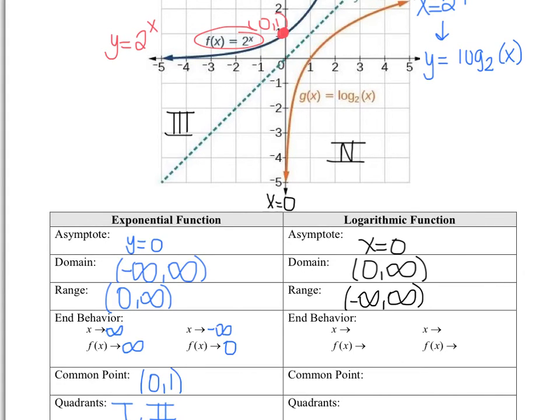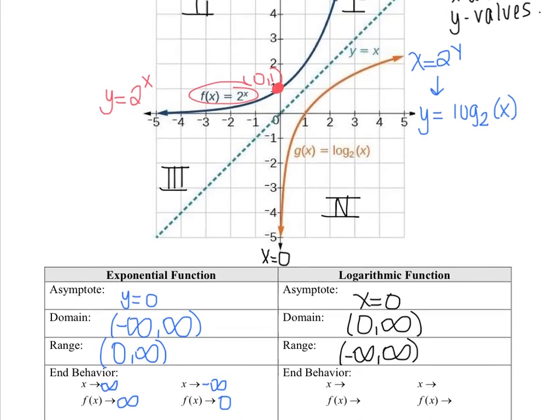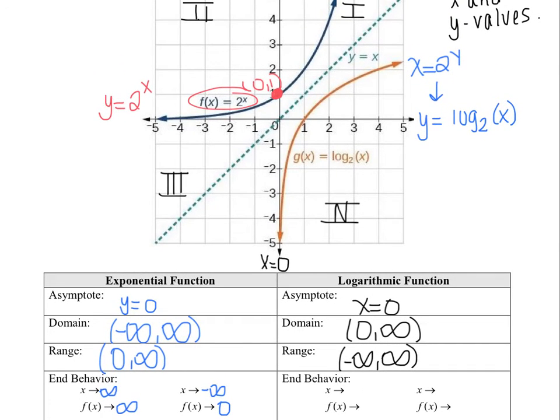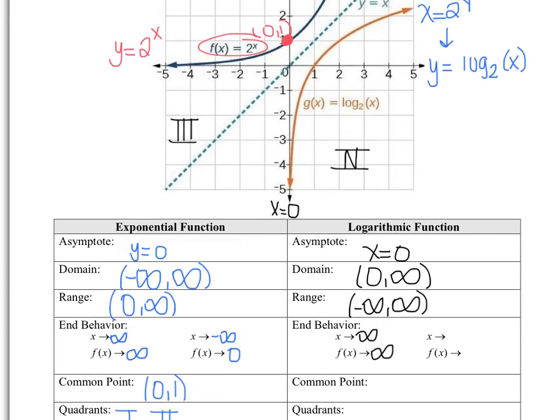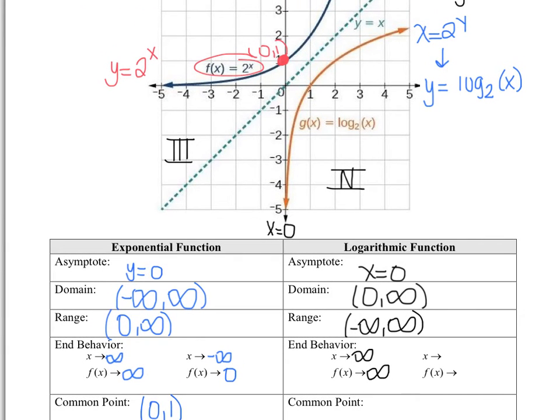Okay, the end behavior works a little different for this. So let's see. As x moves to the right, so as x goes to infinity, y also shoots up to infinity. So that's okay. So as x goes to infinity, f of x also goes to infinity. So now what happens when x is going smaller? X is not ever going to reach negative infinity.